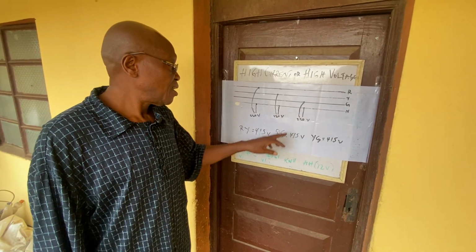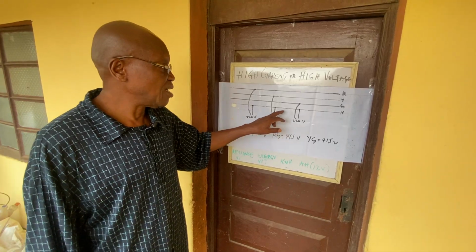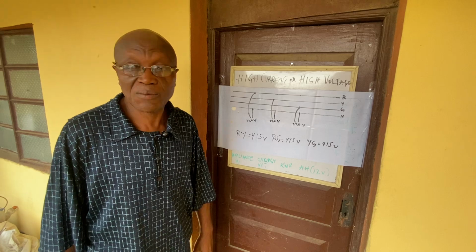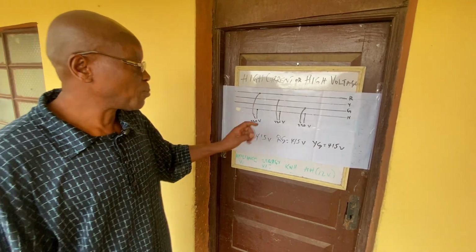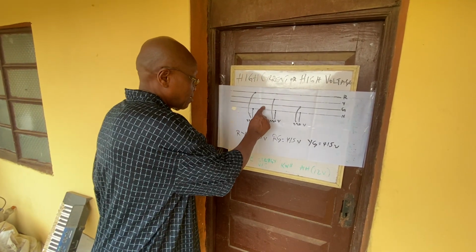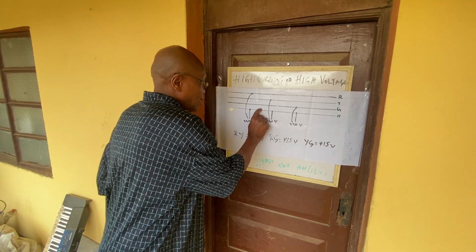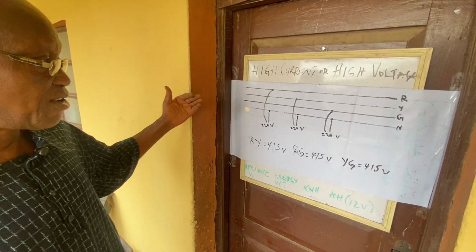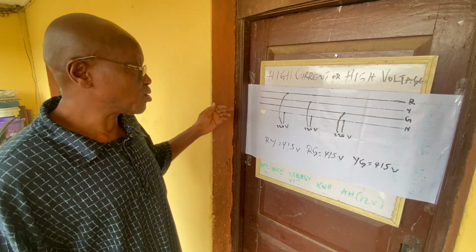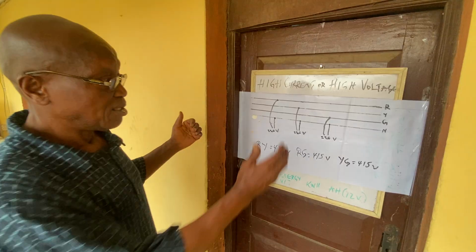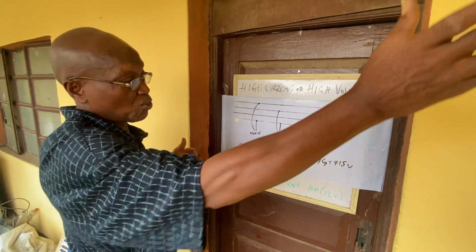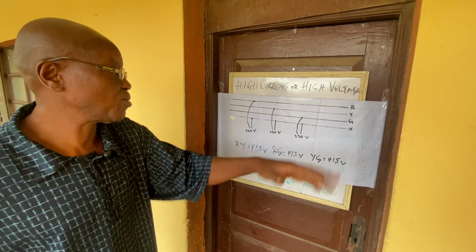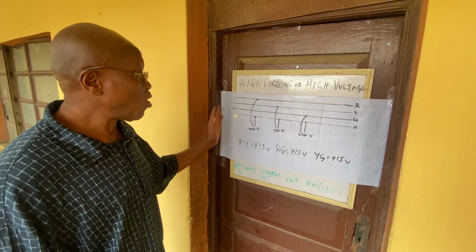But if this neutral line gets cut off, usually that's where the problem comes. Supposing it snaps somewhere around here, and this area, this source is coming from the transformer. This way is towards the end of the wires, because the wires will eventually end somewhere, but this one is the source.